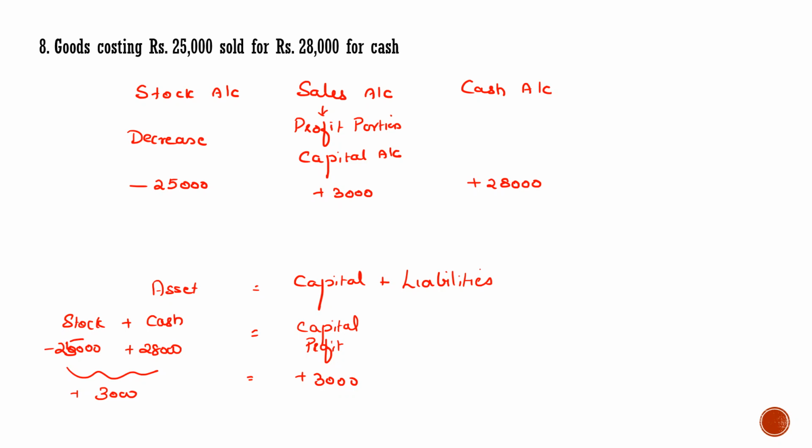Thus you are using the dual aspect concept, and this is how you solve an accounting equation question. I hope the concept of accounting equation is clear to you. I hope with all these examples I have tried to cover as much as possible related to the effect of transactions on different sides of the accounting equation.